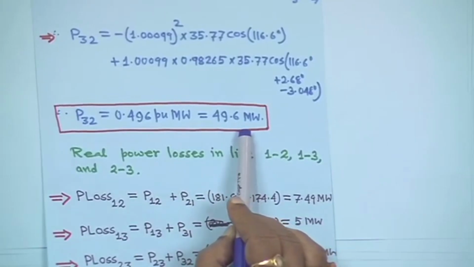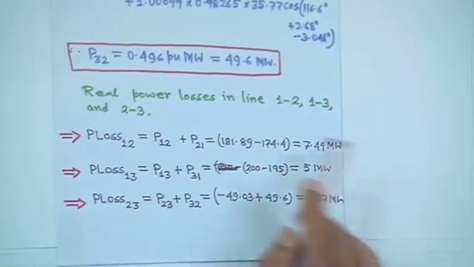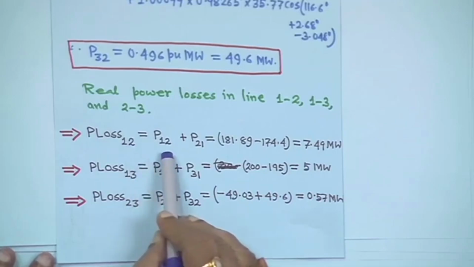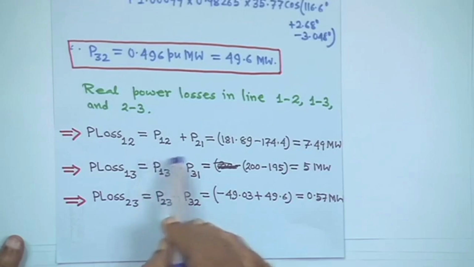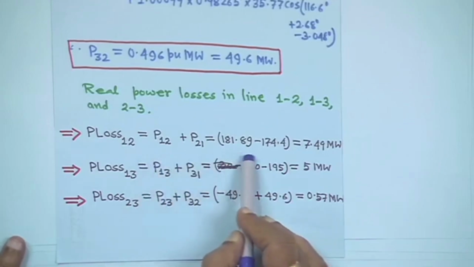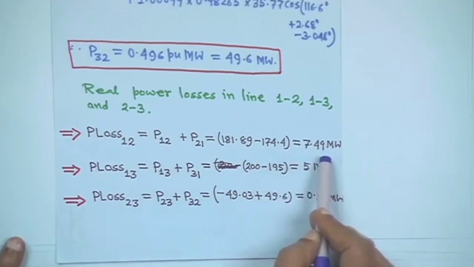All these results are after the second iteration only. Now, real power losses in lines 1-2, 1-3 and 2-3. P loss 12 is equal to P12 plus P21, that is 181.89 minus 174.4, that is 7.49 megawatt.